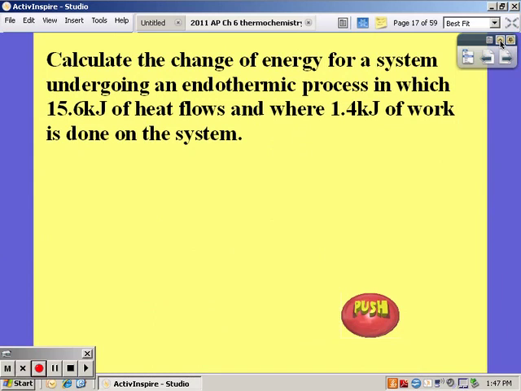So we're going to calculate the change of energy when we know the heat and the work. First, we need to figure out if heat is endo or exothermic. Our heat, or Q, has to be positive 15.6 because it says it's endothermic. So that's positive.